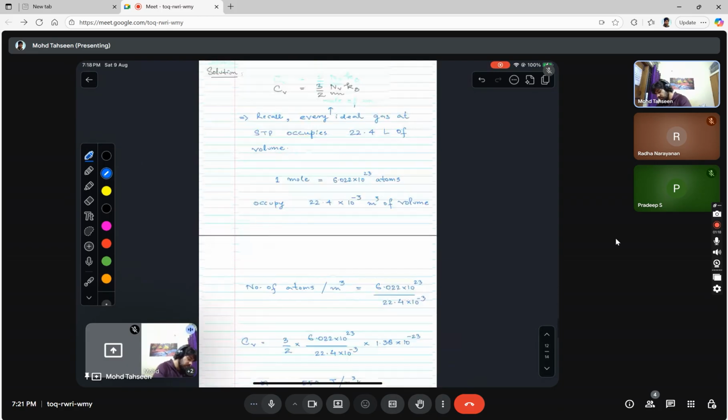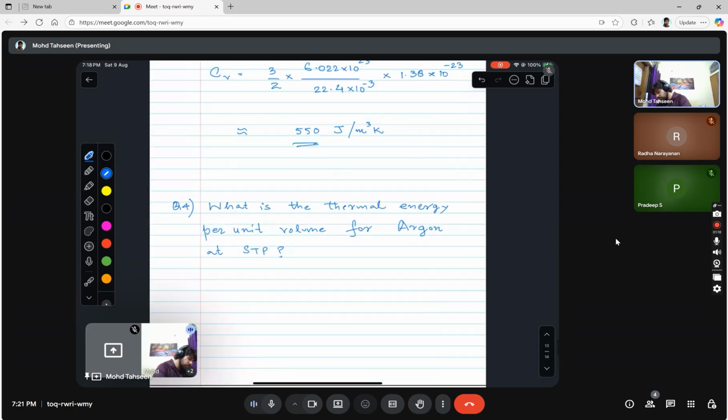So this will be equal to 550, what we got earlier, joule per meter cube, times temperature. What is the temperature? 0 degrees Celsius, right? So the energy density will be 0.